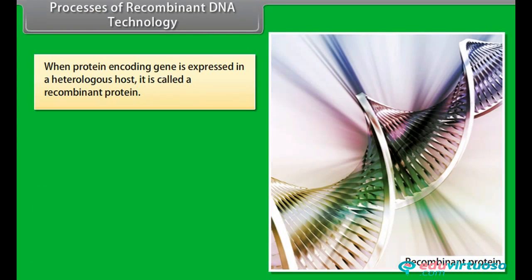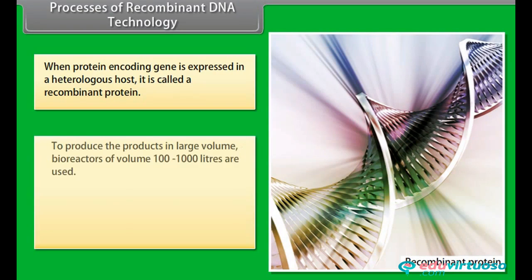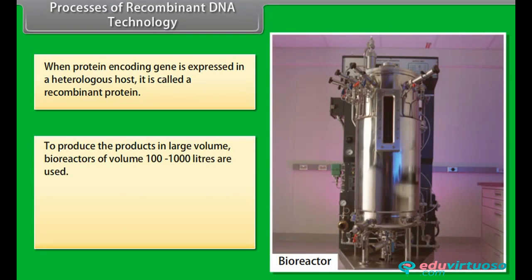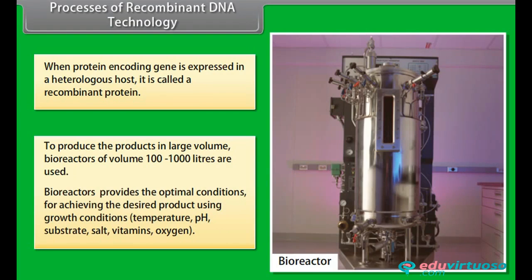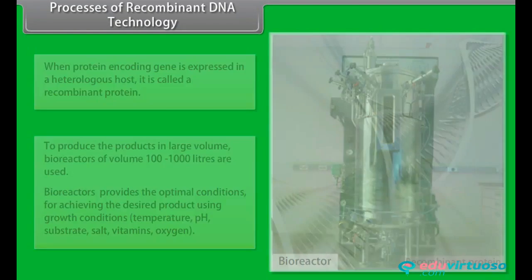When protein-encoding gene is expressed in the heterologous host, it is called a recombinant protein. To produce products in large volume, bioreactors of volume 100 to 1000 liters are used. Bioreactors provide the optimal conditions for achieving the desired product using growth conditions, temperature, pH, substrate, salt, vitamins, and oxygen.